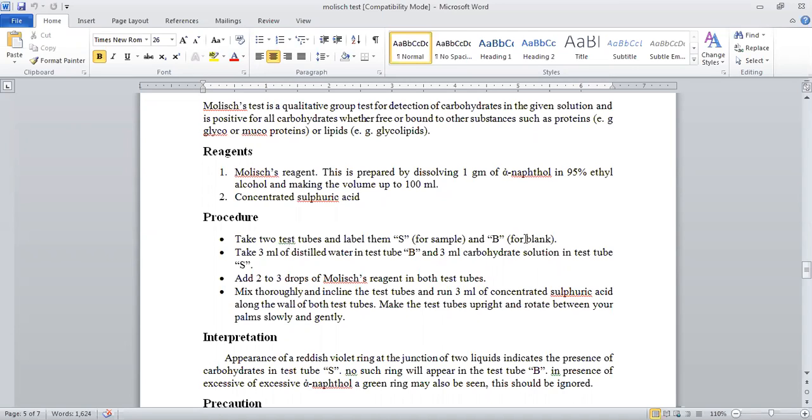In place of sample, we will take only distilled water. And in the sample test tube, we will take the sample solution in which we want to detect the carbohydrates. We take the blank test tube to compare the results of blank with sample.